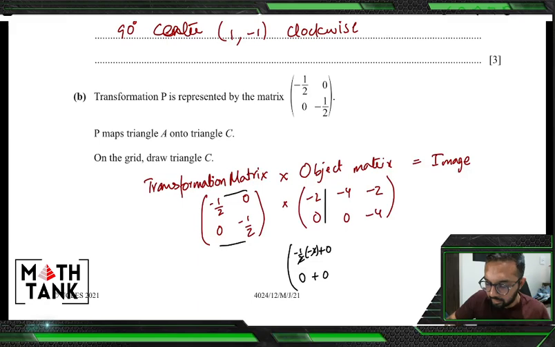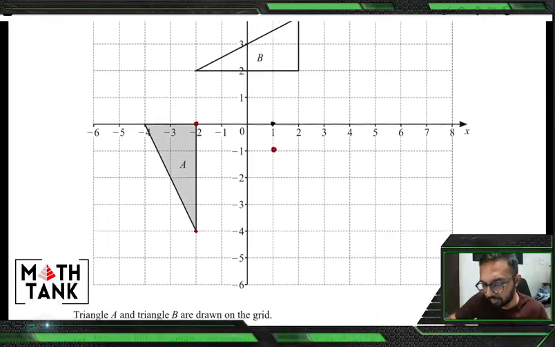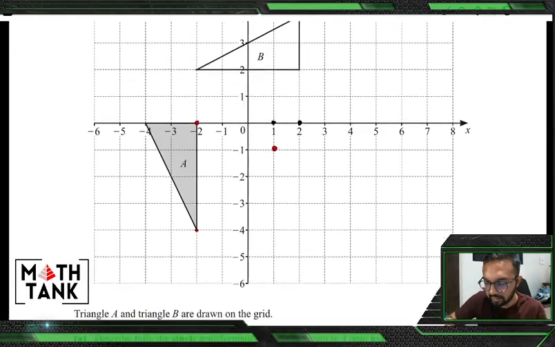Then I could do the next column. So minus half into minus 4 will give me 2. 0 into 0 will give me 0. So 2 plus 0, and 0 into all of this in the second row and first column. That's how you do matrix multiplication. I hope you know that. Since this is not a video on matrix multiplication, I'm not going into depth on that. So that's that.